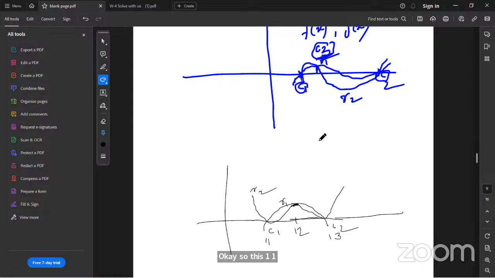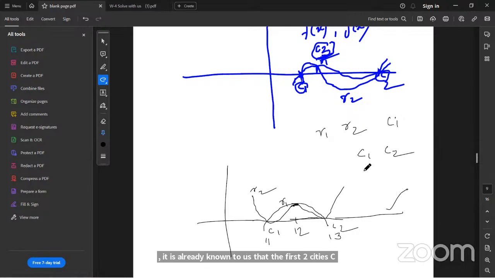So I am trying to say wherever this R1 and R2 meet, there will be some cities, either C1, C2, or C3. According to the question, it is already known to us that the first two cities C1 and C2 are lying on the x-axis. It means that wherever R1 and R2 meet on the x-axis, there will be your C1 and C2.